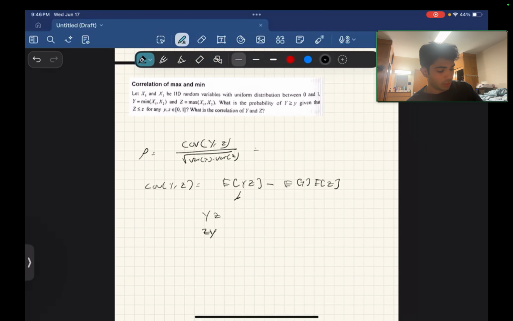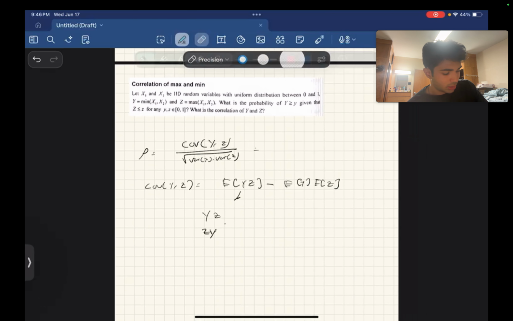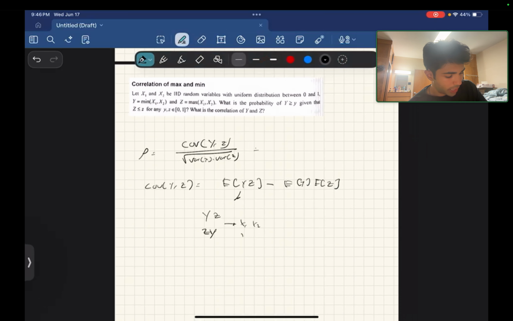So basically I'm saying that this is the equivalent of saying x1, x2, or x2, x1, which means we can replace yz in this case with the random variables themselves, x1, x2. This is easier for us because we know the expectation of x1, x2 more easily than the expectation of y and z, because x1 and x2 follow a basic uniform distribution between 0 and 1.